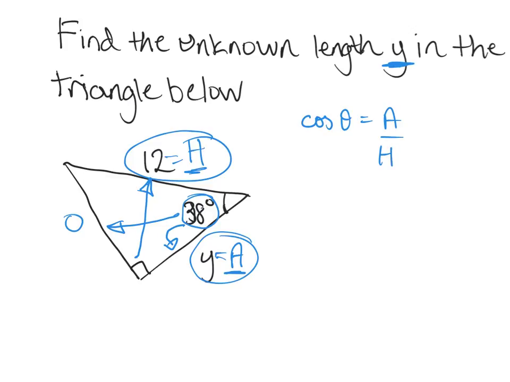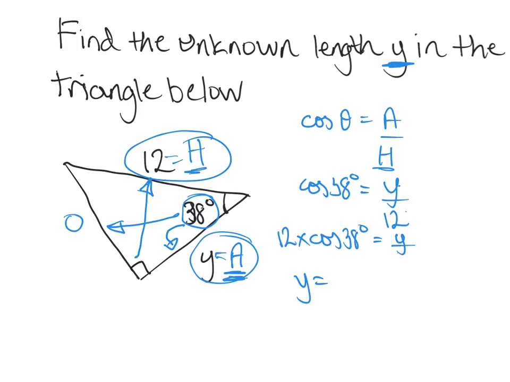Let's put all the things we know into the cos formula. Cos of the reference angle, 38, equals the adjacent side y divided by the hypotenuse, 12. We need to get y on its own, so we need to undo this division by 12. The opposite of dividing by 12 is multiplying by 12. If we multiply by 12 on both sides, we keep the equation balanced.